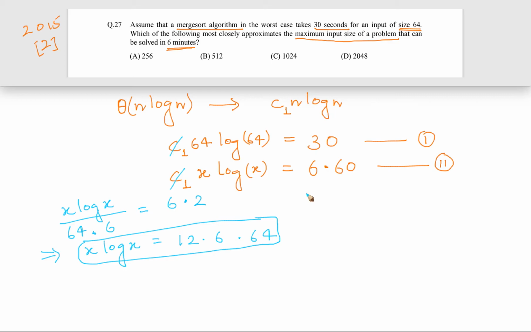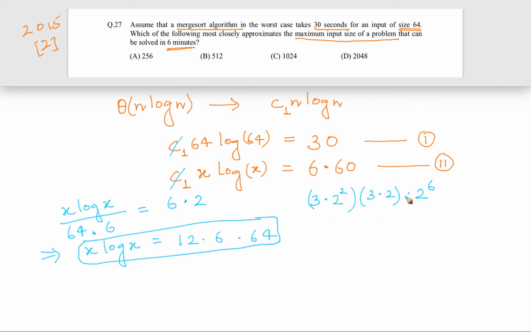See this right hand side, 12 into 6 into 64, it can be written something like this. Let's just factorize and take all the factors of 2. So 12 can be written as 3 into 2 square, which is 4 into 3. Similarly 6 can be written as 3 into 2, and 64 can be written as 2 raised to the power 6.